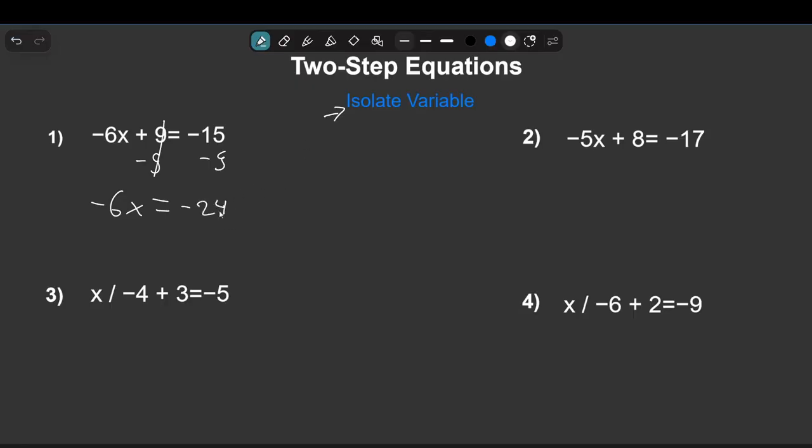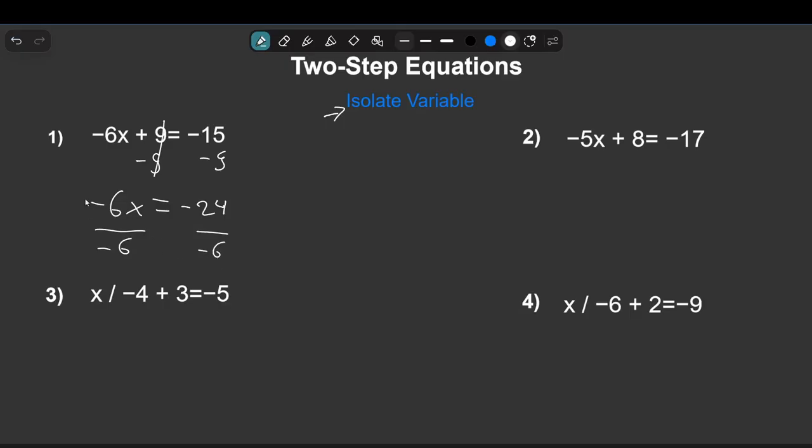As you can see now we just have a one-step equation left. We already know how to do this, but I'm going to do this with you guys. We need to get rid of the minus 6 to isolate our variable fully. We have a multiplication, so we're going to divide by minus 6 on both sides.